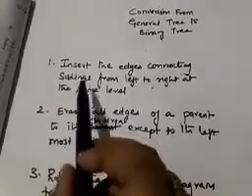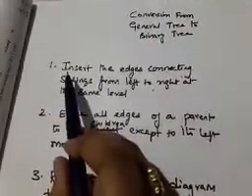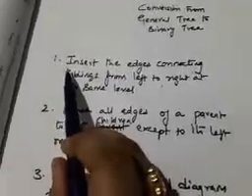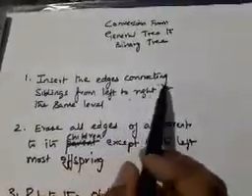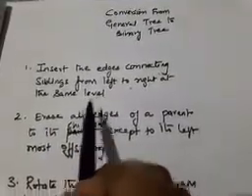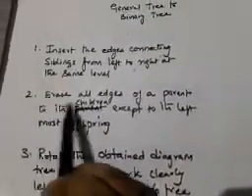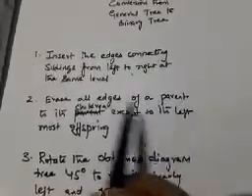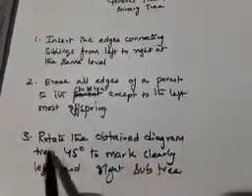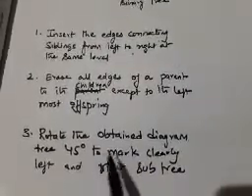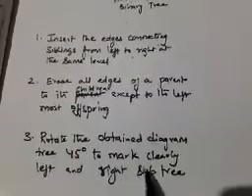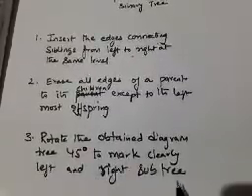There are basically 3 steps to convert a general tree into binary tree. Step 1 is you need to insert the edges connecting siblings from left to right at the same level. Second step is erase all edges of a parent to its children except to its leftmost offspring. And the third step is rotate the obtained diagram 45 degrees to mark clearly left and right subtree.